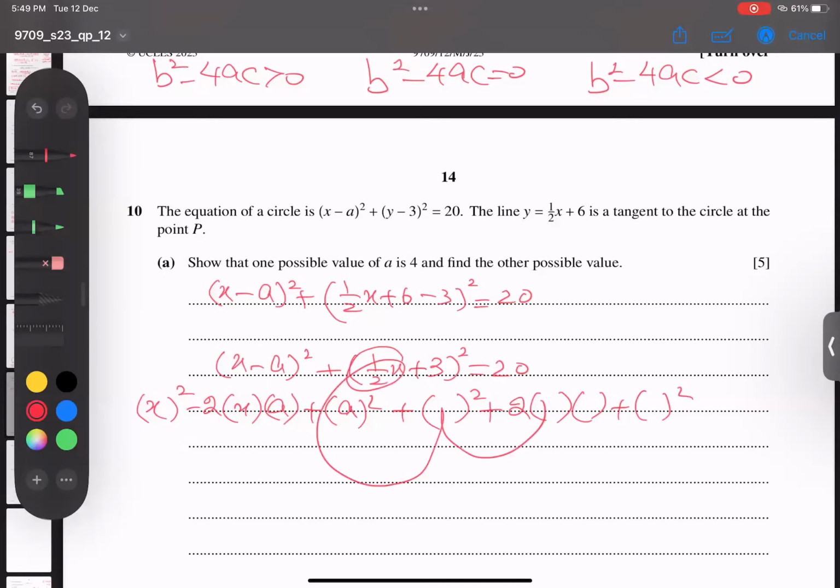Half x comes in these brackets, 3 in the next two. 20 comes to the left side and becomes negative 20 equals 0.